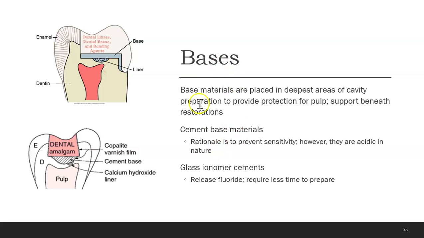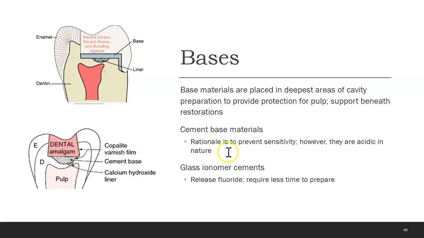And when you look at the product, it could be cement-based materials or it could be glass ionomer cements. And again, these glass ionomers are great because they release fluoride. And we know that anyone who has high risk for caries, we kind of like the glass ionomer because it has that fluoride releasing feature.